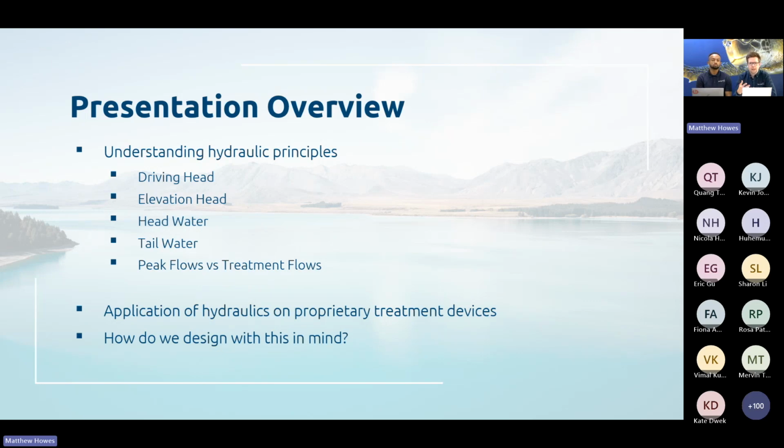And then we'll look at the application of those hydraulic principles on the proprietary treatment devices, on the devices that we supply, and to show what the implications are and how that all fits together. And then we'll talk about how both Johannes and myself think about a lot of these hydraulic ideas when we're providing a recommendation for a project.